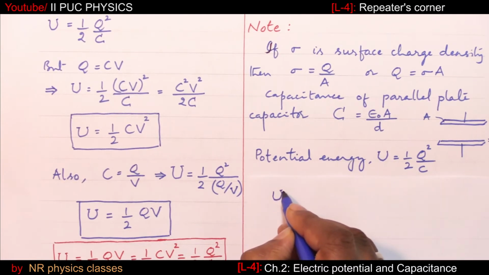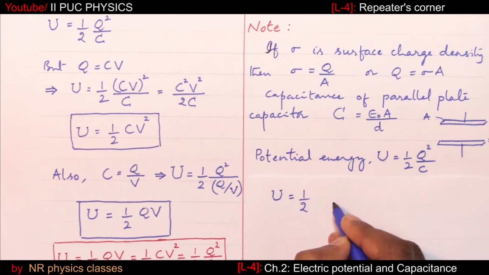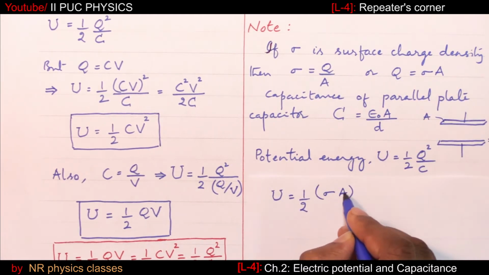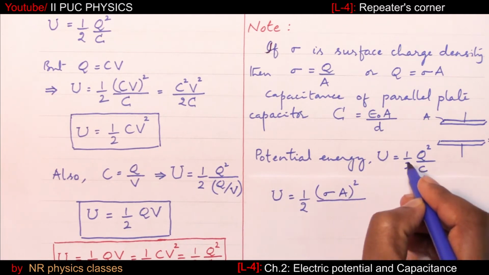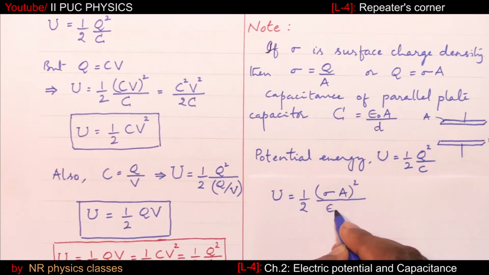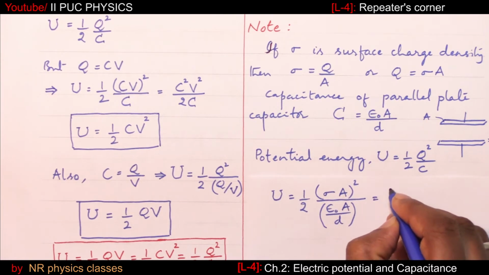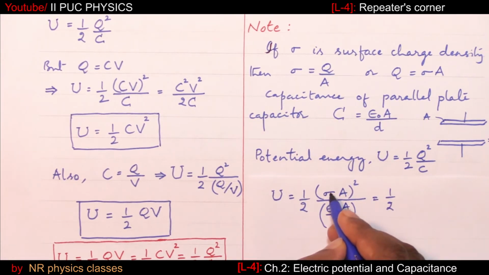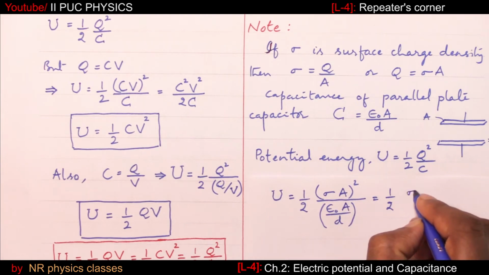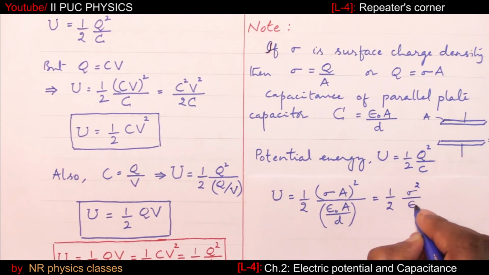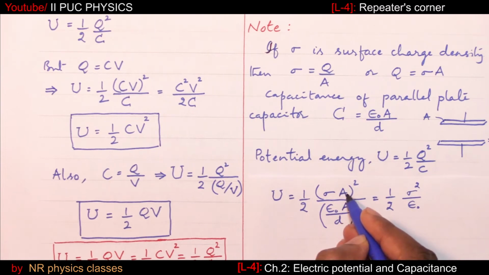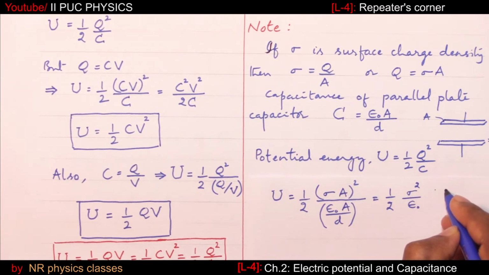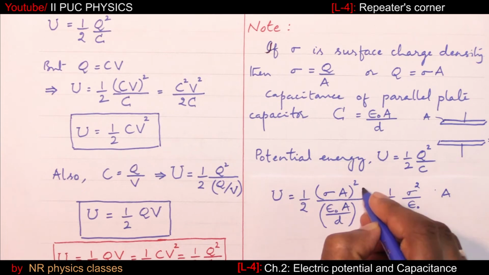So we get potential energy equal to half Q square, Q is sigma A, its square, by C, which is epsilon naught A by D. Equals half sigma square by epsilon naught, A square by A is A, and D goes to the numerator, D.